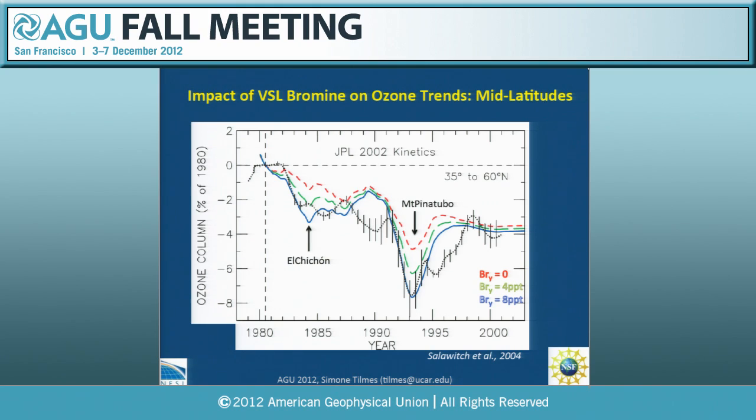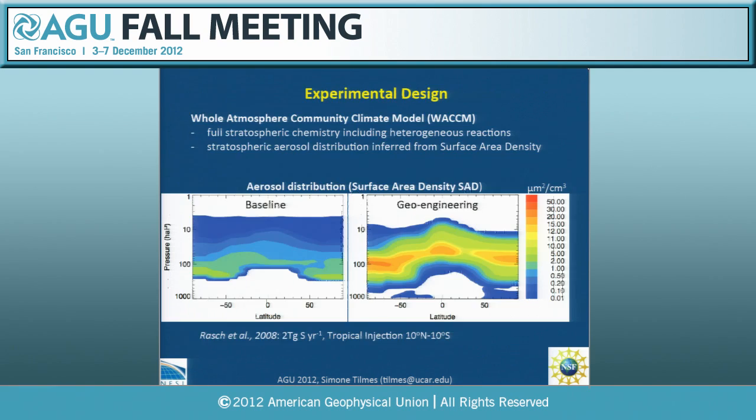So really, halogens or the short-lived ones seem to matter in the past, and our question is, how does that matter in the future when we are already in a much more declined time where halogens are much smaller than they were in the past? So what we do, we use the whole atmosphere model, WACCM, which covers the entire troposphere, stratosphere up to the mesosphere. We have full stratospheric chemistry, heterogeneous reactions, and a way to describe geoengineering.